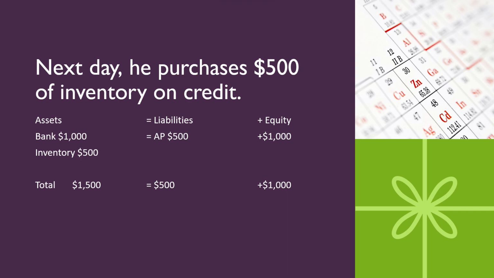You need to remember that inventory is a type of current asset, while accounts payable are a type of current liabilities. After this transaction, both sides of the equation are again equal. On the left-hand side, there are total assets of $1,500, and on the right-hand side, there are total liabilities and equity of $1,500.